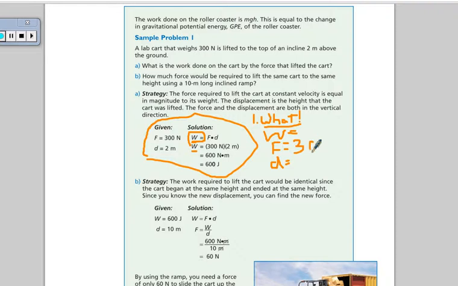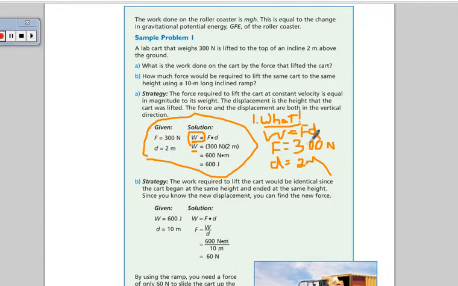F equals 300, just like they did over here. Then we fill in the distance. Oh, hey, it's 2 meters. Whenever we read up here, it says it's 2 meters. So our distance is 2, the force is 300, work is the force times the distance.